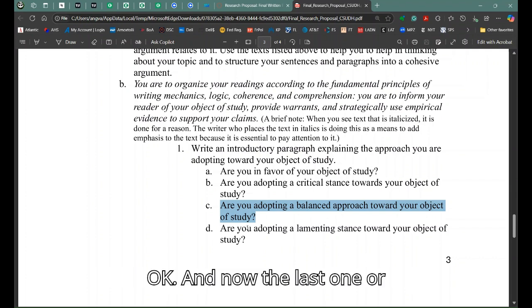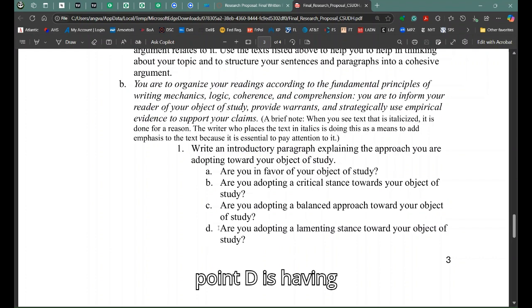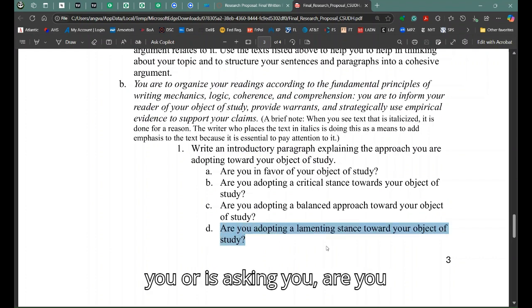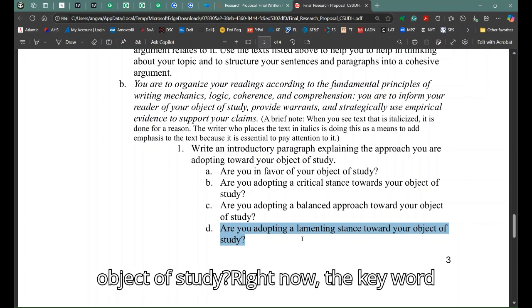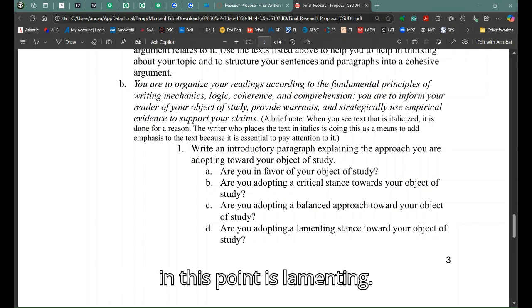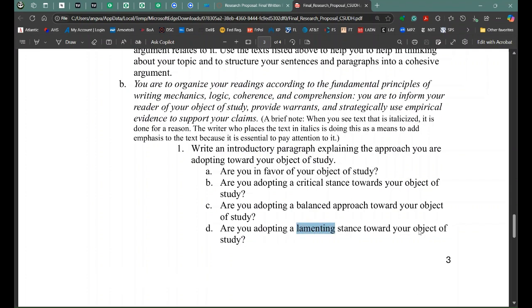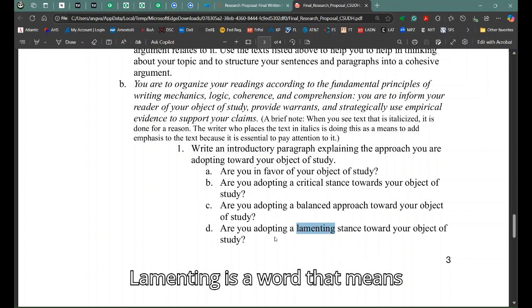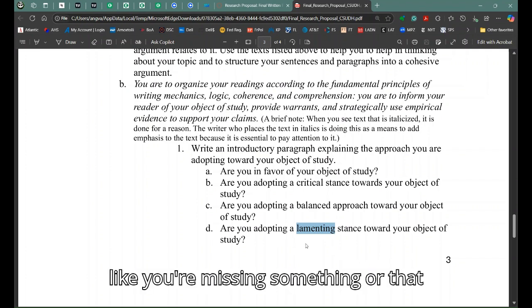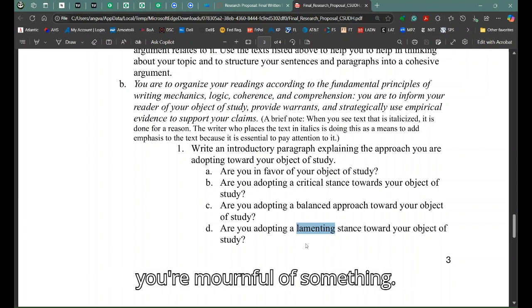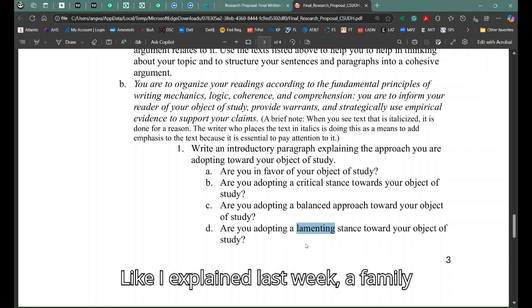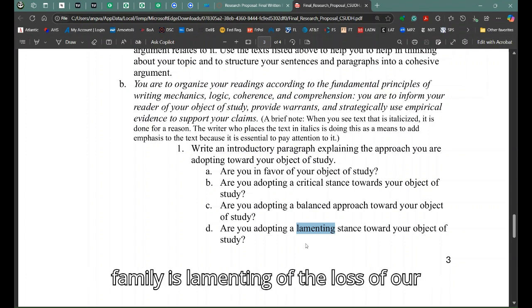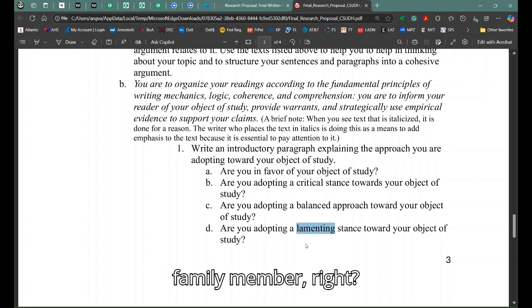Okay. And now the last one, point D, is asking you, are you adopting a lamenting stance towards your object of study? Now, the key word in this point is lamenting. Lamenting is a word that means you're missing something or that you're mournful of something. Like I explained last week, a family member passed away, so the entire family is lamenting the loss of our family member. Right.